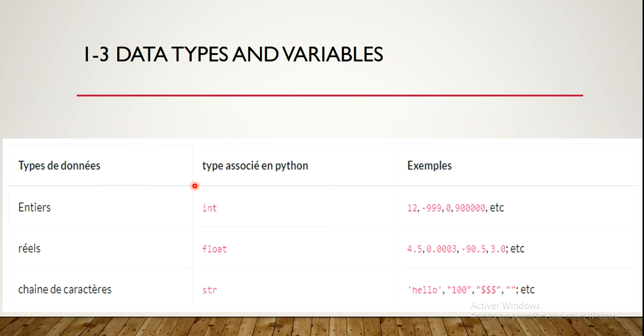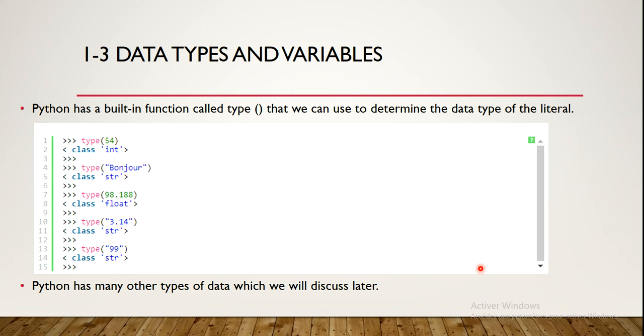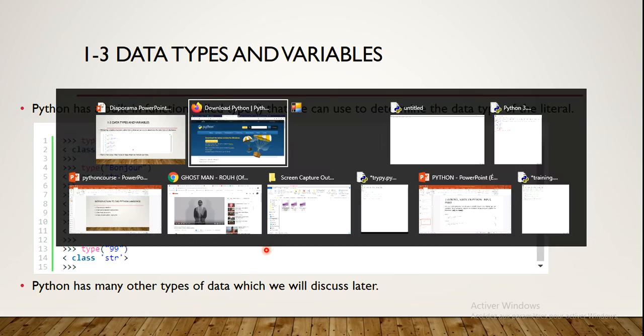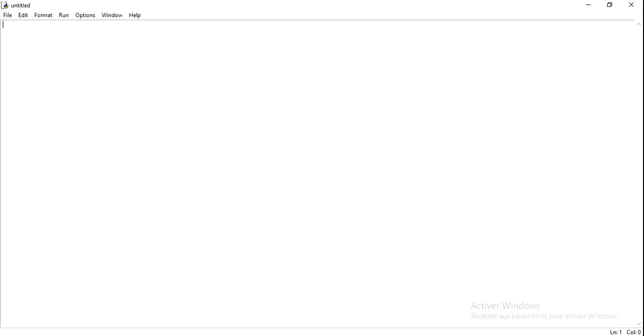These are types of variables: float, string, and we have some examples here. As you can see, Python can know the type of your variable. We can try it in our editor, so let's see the type of 54.